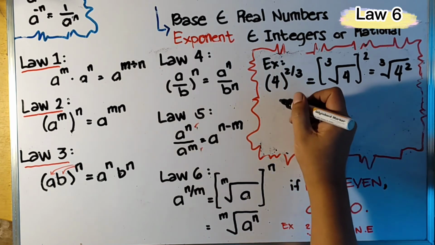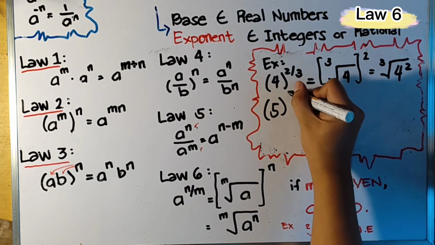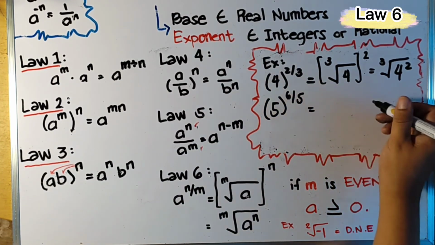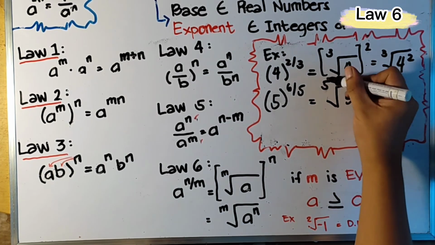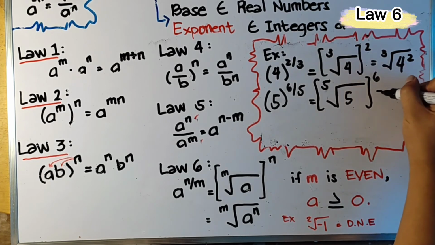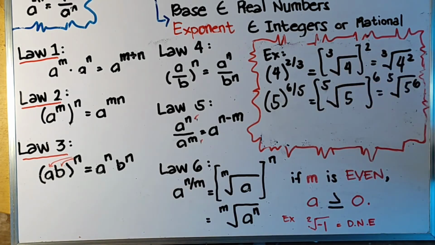How about this? 5 raised to 6 fifth. Again, it will look like fifth root of 5 quantity raised to 6, or the fifth root of 5 raised to 6.